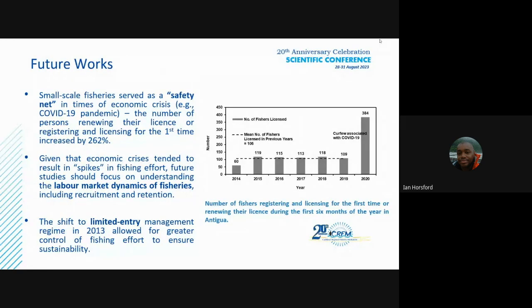In terms of future work, we recognize that fisheries is a safety net in times of economic crisis. When we had the COVID lockdown, we had roughly a 260% increase in the number of persons renewing their license or registering a license for the first time.